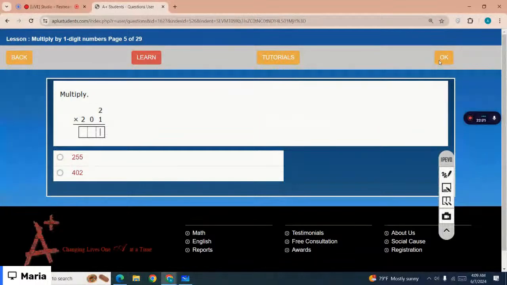2 times 201, which is the correct option? That is 402.